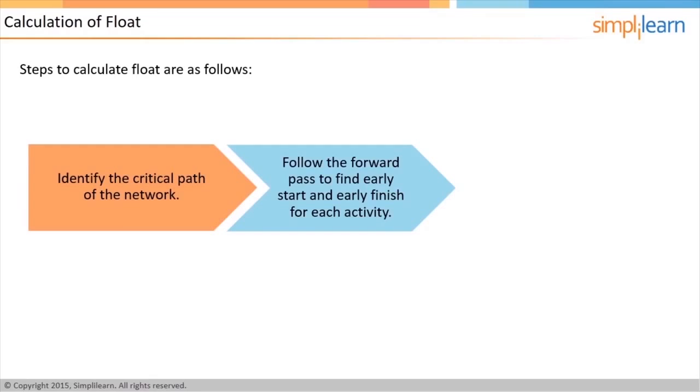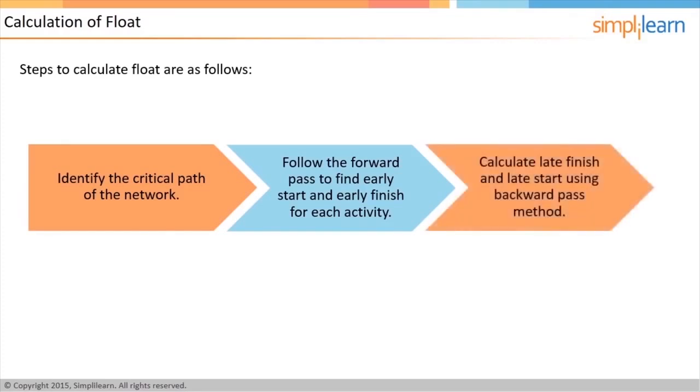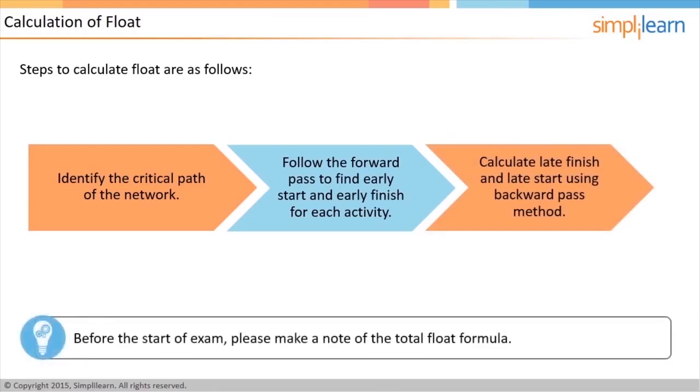Use forward pass or backward pass to calculate the total activity time. Calculate late finish and late start using backward pass method. Note the total float formula before you start for the exam. In the next screen, let us look at forward pass and backward pass methods in detail.